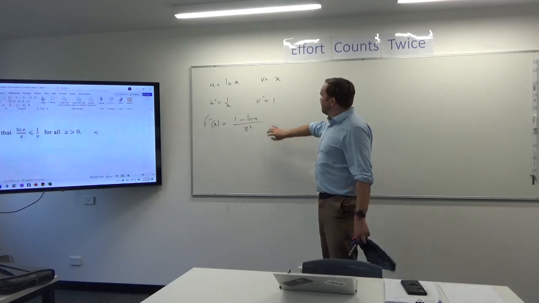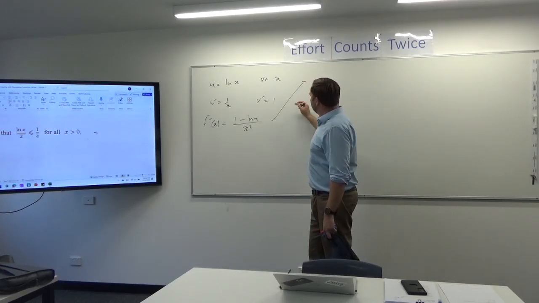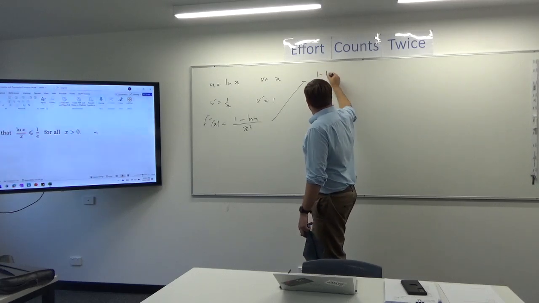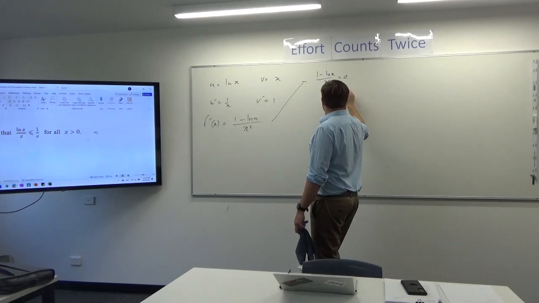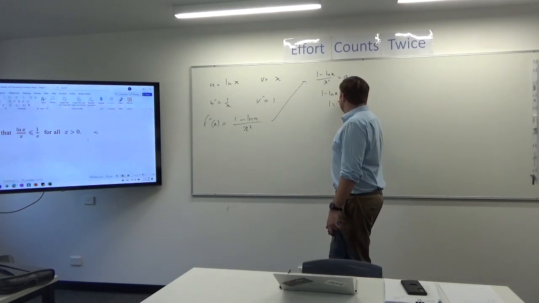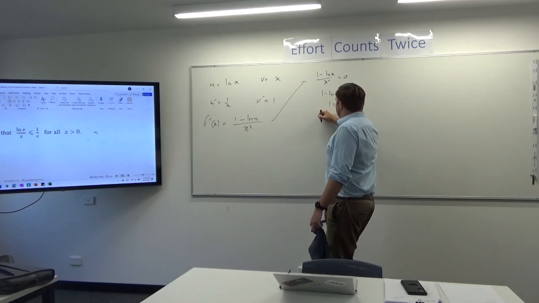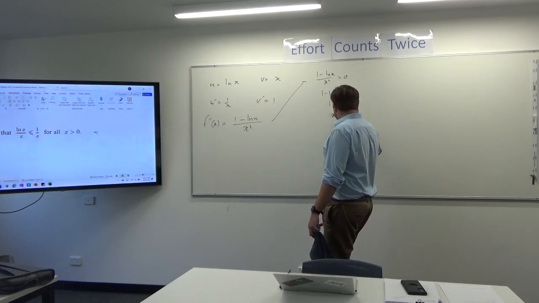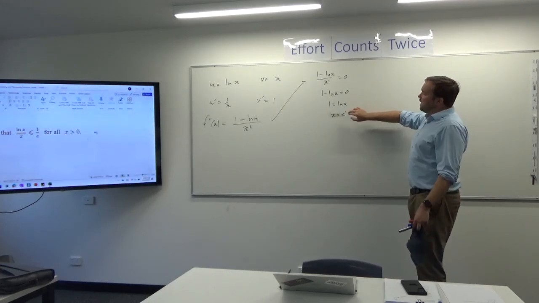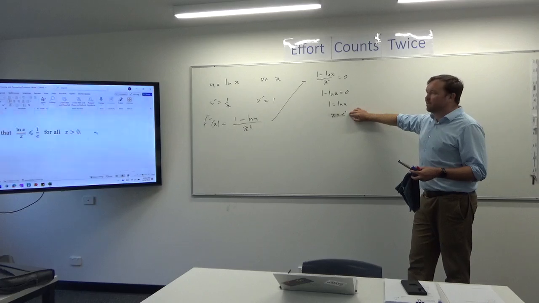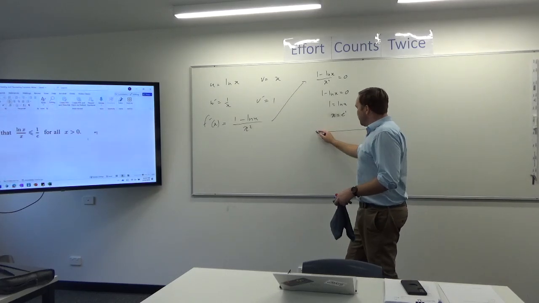Alright, and if that's the first derivative, we're looking for when it equals 0. So 1 take ln x on x squared equals 0 occurs when 1 take ln x equals 0, which is where 1 equals ln x, where x equals e to the 1. So there is a stationary point at x equals e to the 1, and it's the only solution.